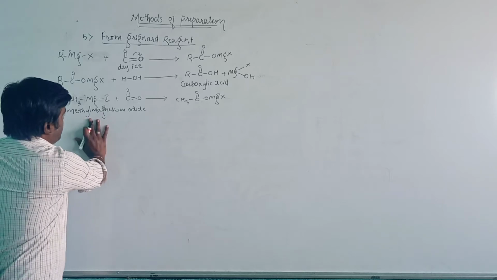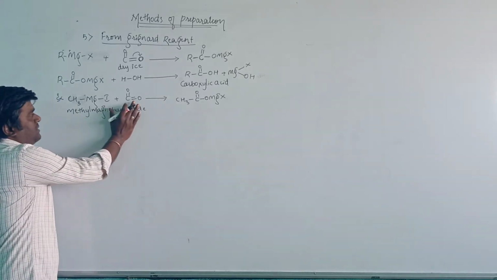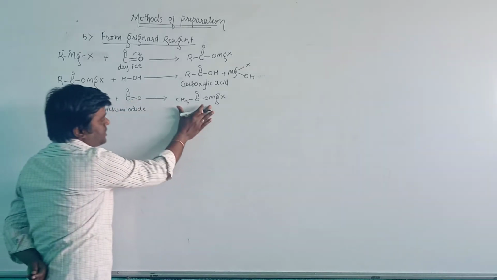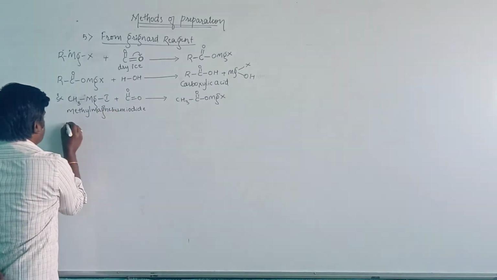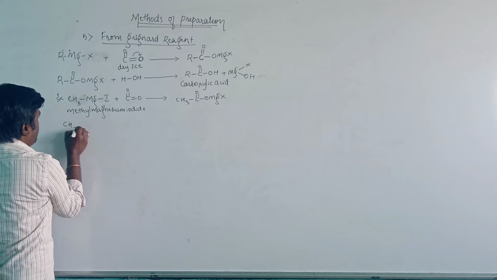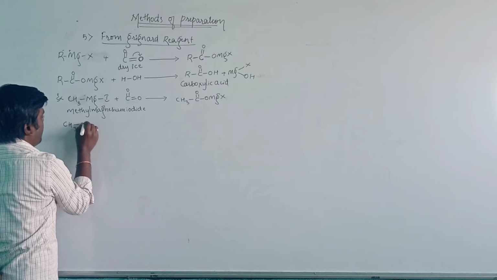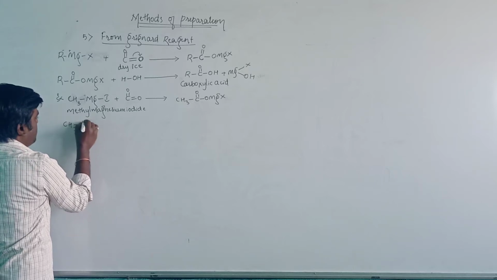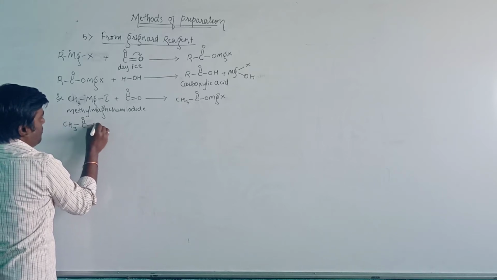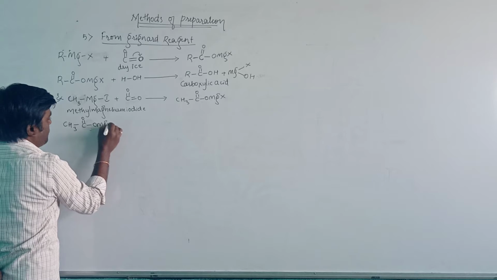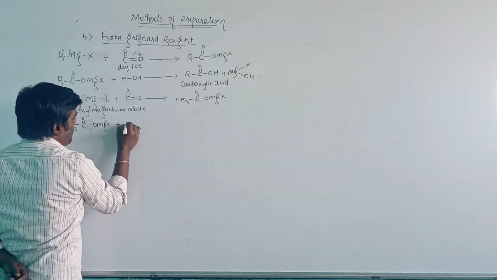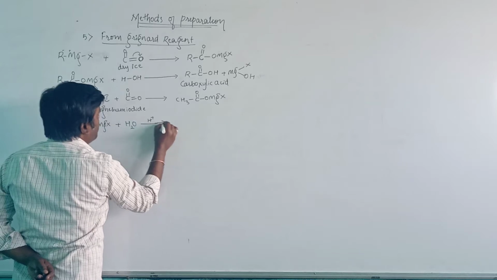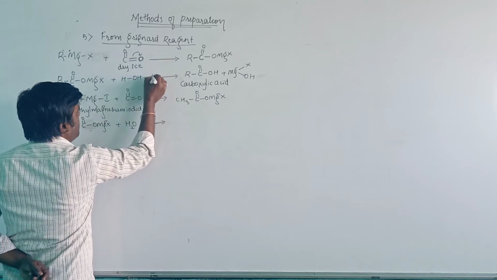When methyl magnesium iodide reacts with dry carbon dioxide, it gives the addition product, CH3C double bond O, OMgX, which undergoes further acid hydrolysis with H plus.